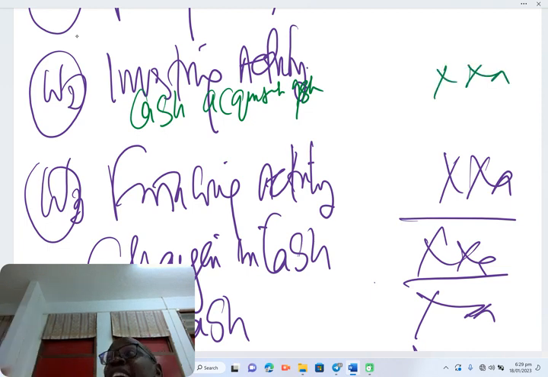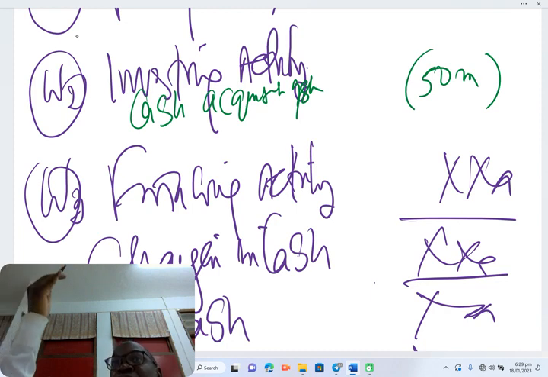Now, if during the year you receive what? Dividend. So dividend received. It is from where? So for example, here you paid how many? 50 million cash out. Now, if you receive dividend income in cash, then that is cash inflow, dividend.